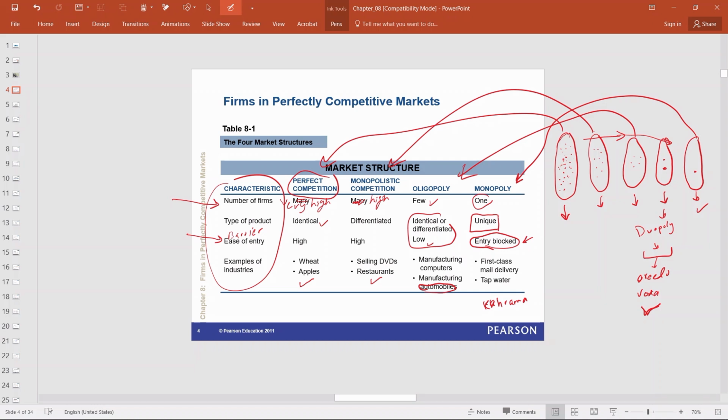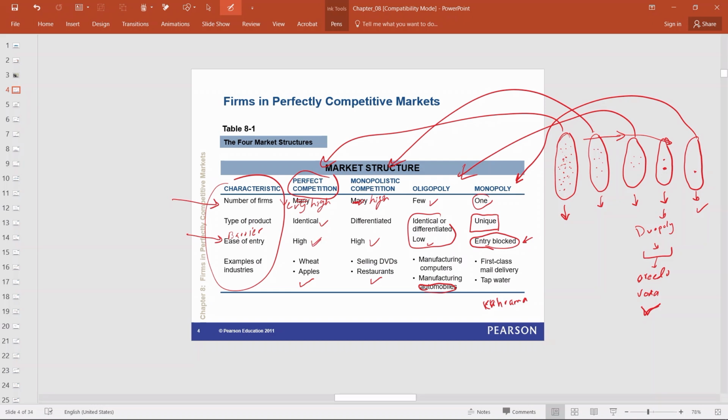So these are called barriers to entry. Some barriers come from the government, and some come from the nature of the product that you want to sell in this market. And in monopolistic competition and perfect competition, it's much easier to get into these markets. So the barrier to entry is mild, or even not available at all, in a perfect competition market.